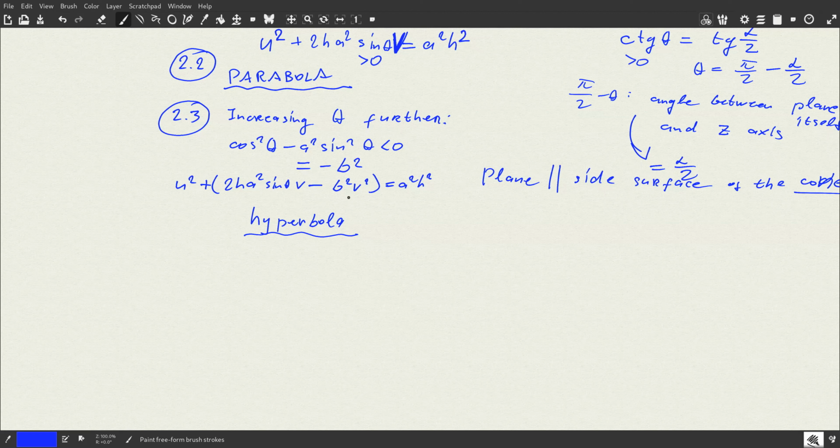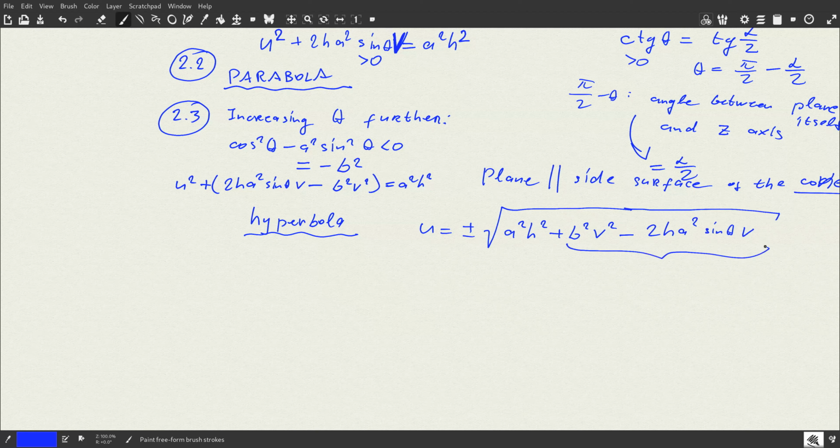So for example, v tends to plus infinity, and this would mean that u equals plus minus the square root of a squared h squared plus b squared v squared minus 2 times ha squared sine theta v. Although we have both quadratic and linear terms here, as v tends to infinity the quadratic term obviously tends to infinity faster than the linear one.